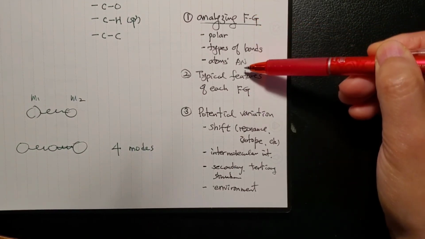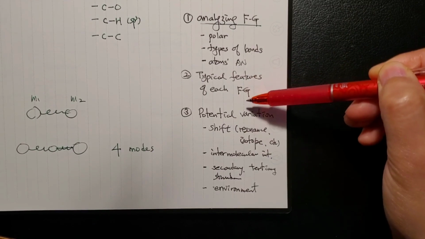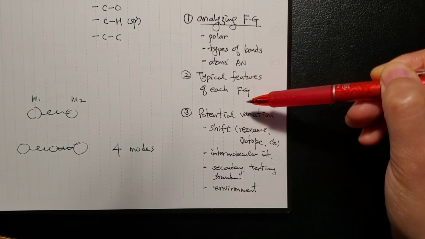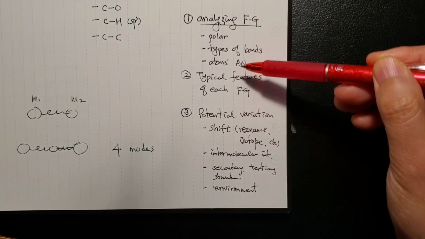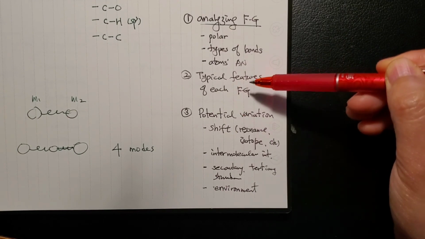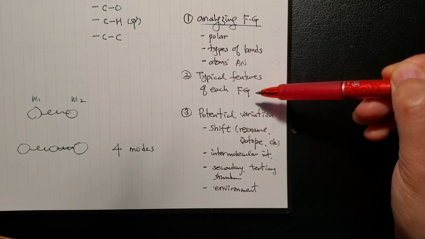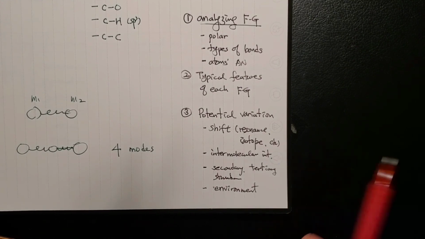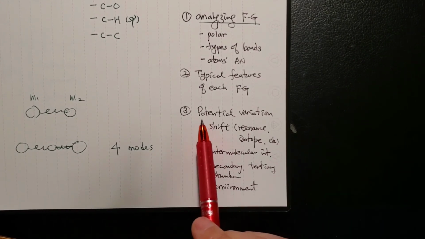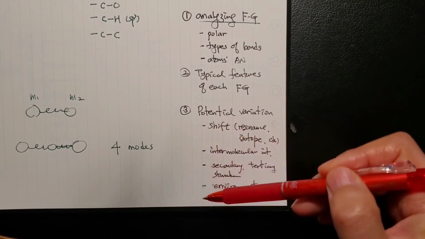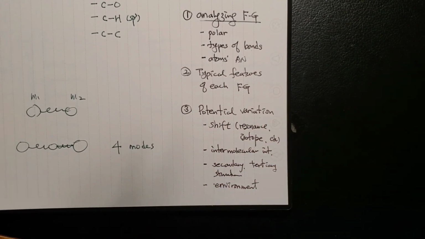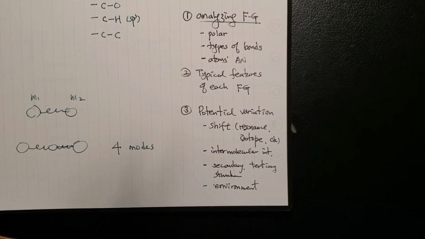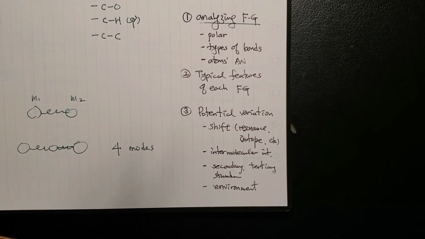You know how to analyze the functional group, and you know the typical feature, the location on the X, the intensity on the Y, and whether they're narrow or broad. But now we need to pay attention to some potential variations like these. Then I'll move on to some examples. So I'll see you next time.